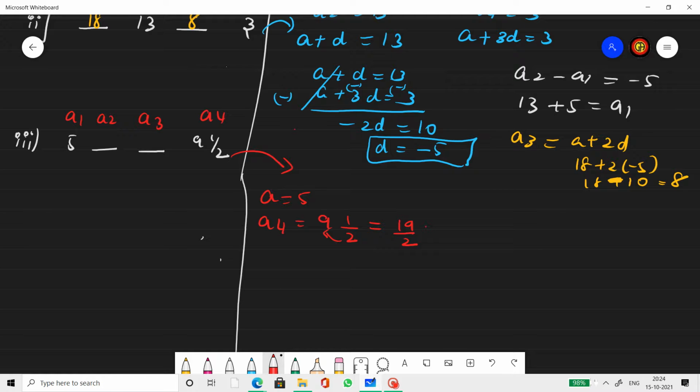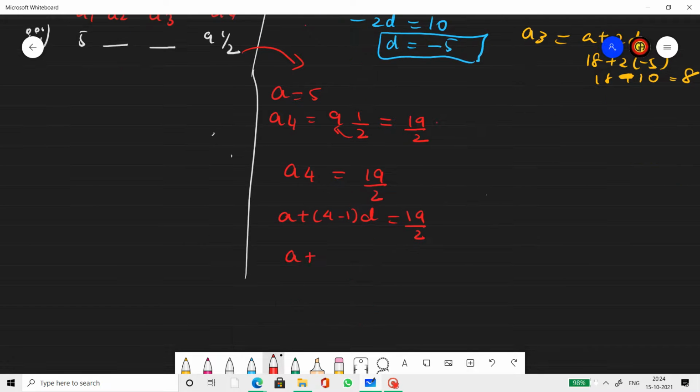So A4 equals 19 by 2. And A4 is nothing but A plus 4 minus 1 into D equals 19 by 2. So A plus 3D equals 19 by 2. A is 5, so 5 plus 3D equals 19 by 2.